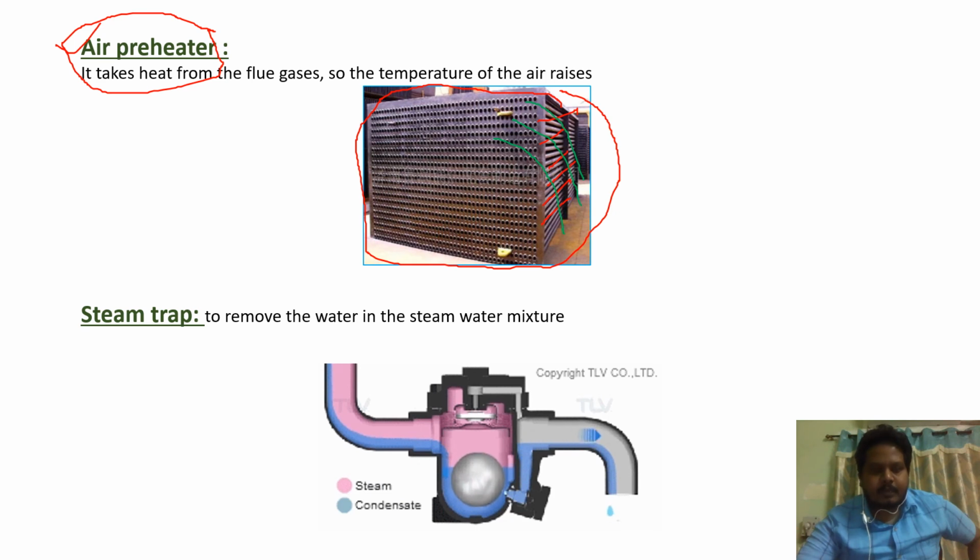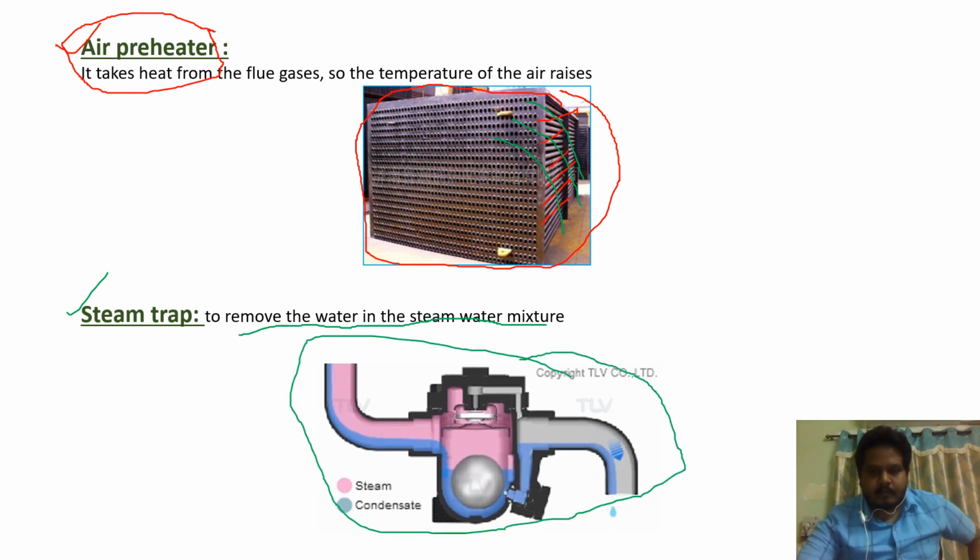The last type of accessory is the steam trap. It is used to remove the water from the steam-water mixture. So here you can see in this setup, steam is flowing inside the tube.